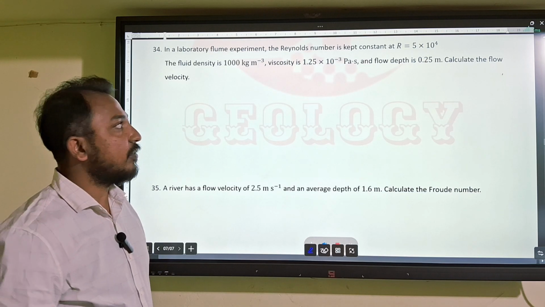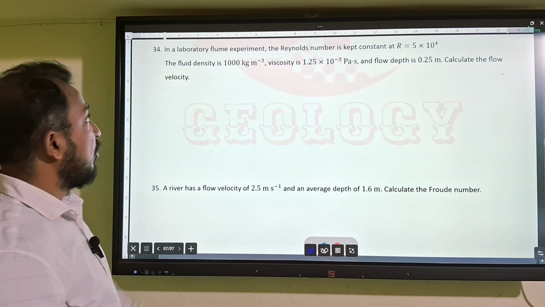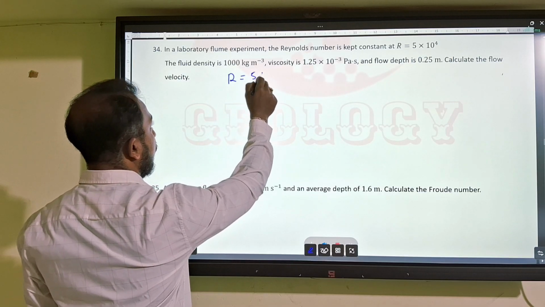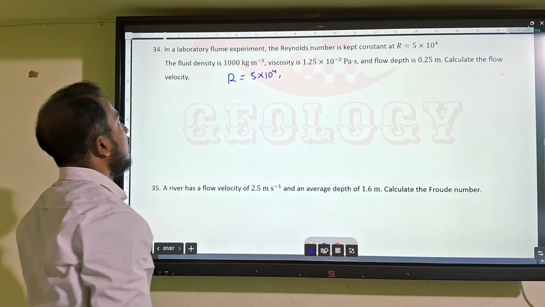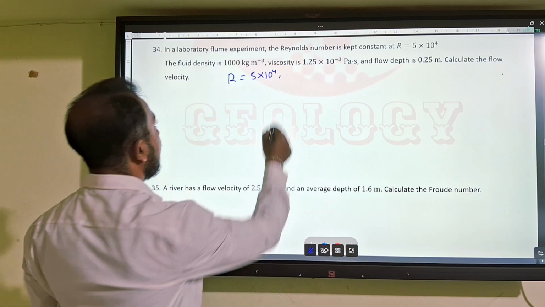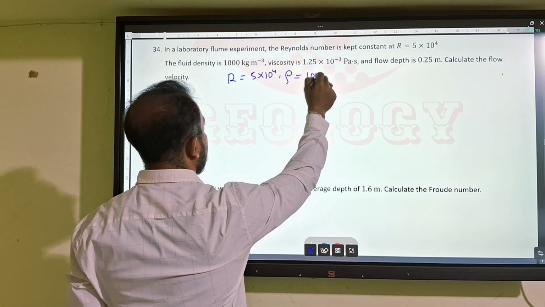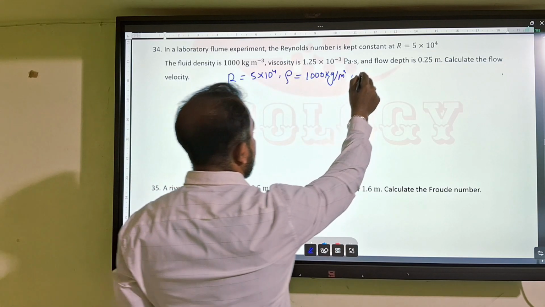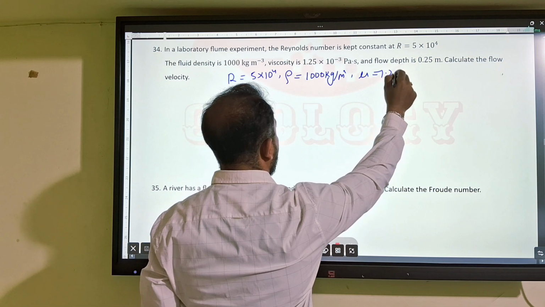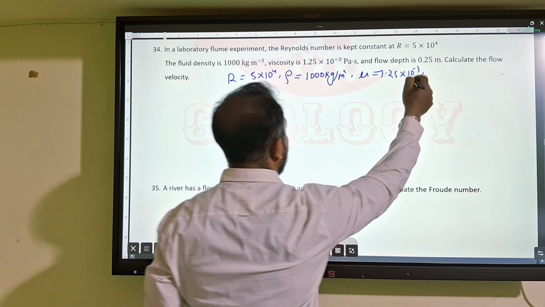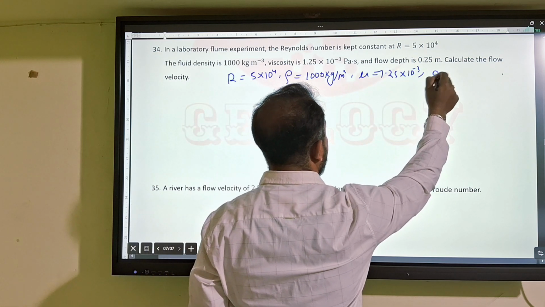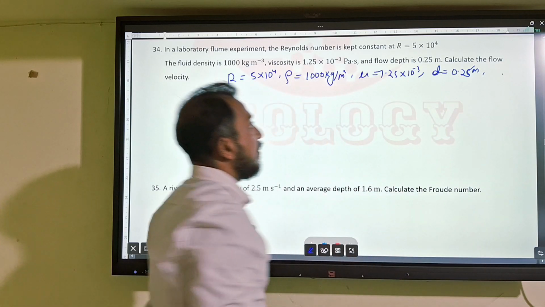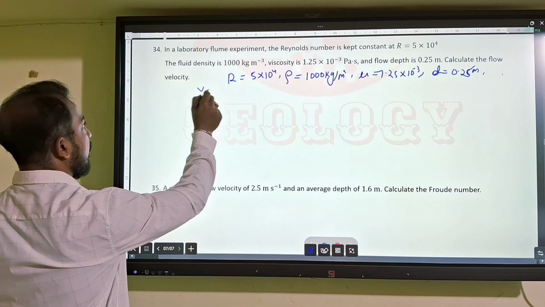Okay, let's come to another problem. In the laboratory fluid experiment, the Reynolds number is kept constant. The Reynolds number is given here as 5 into 10 to the power 4. Fluid density is given the same, 1000, as in the previous problem. Viscosity is given as 1.25 into 10 to the power minus 3. Then the flow depth is given as 0.25 meter. We have to calculate the velocity.